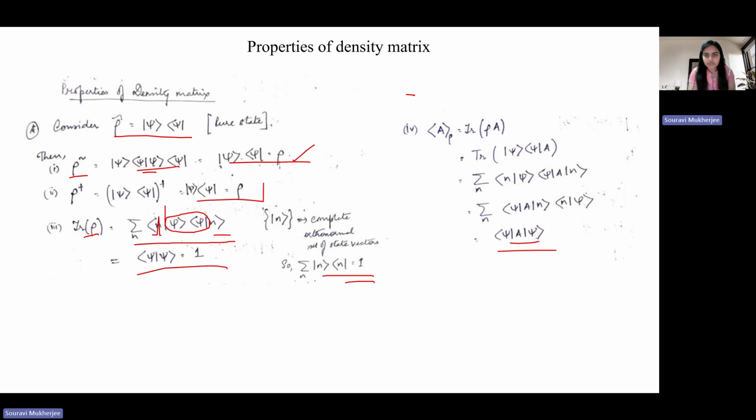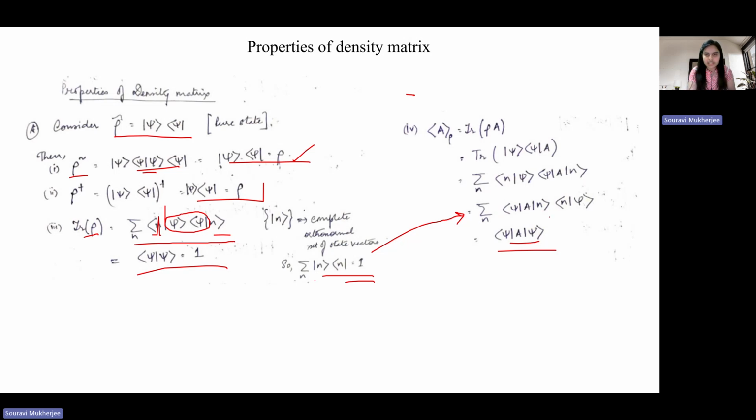Because this forms an orthogonal set of state vectors and this summation goes to 1, you can put it here. You have just put in the identity matrix, and anything multiplied by identity remains the same, so you can always multiply by 1.